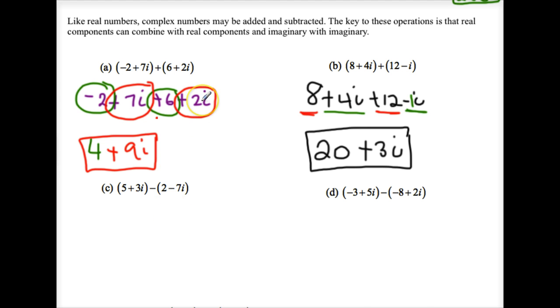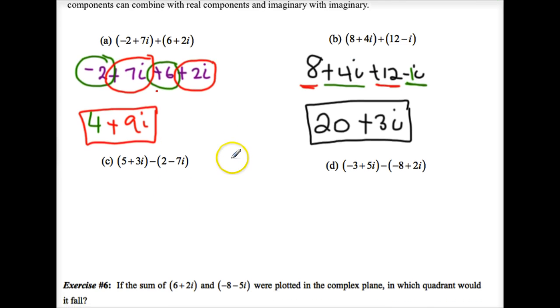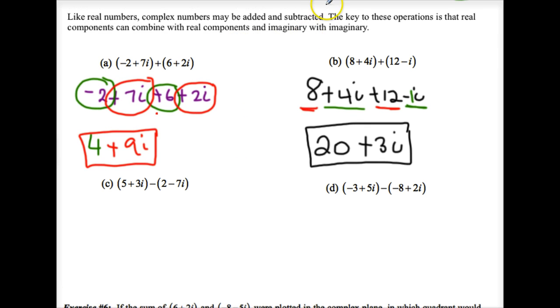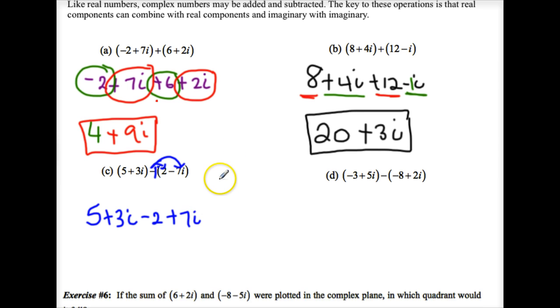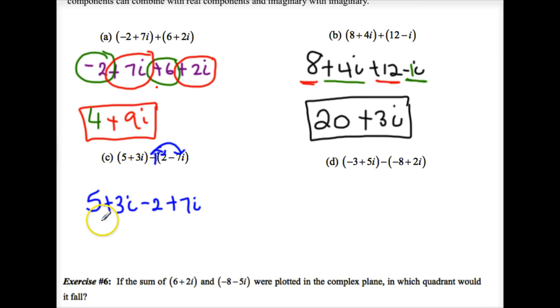Now with the subtraction, this is where a lot of students make a little error. Remember there is that invisible one right before the subtraction sign that you have to distribute. Everything stays as is in the first parentheses, so this becomes 5 plus 3i, and then I distribute this negative 1, so this becomes minus 2 plus 7i. Another way to look at it is that everything in the first parentheses stays the same, and in the second parentheses you switch the sign.